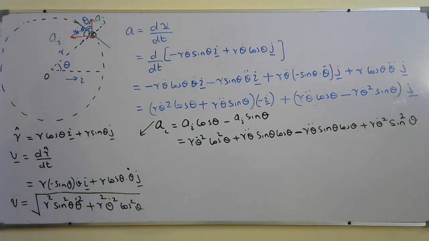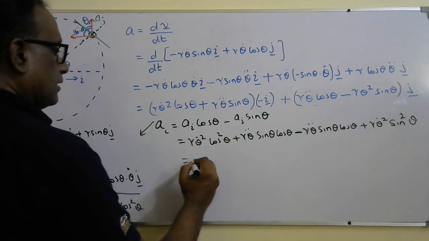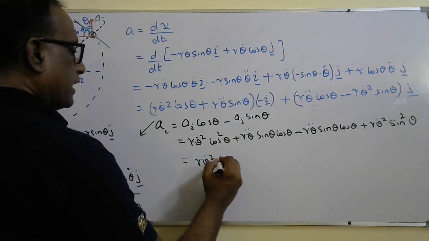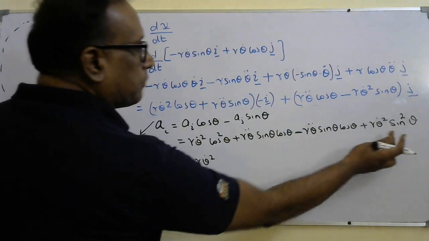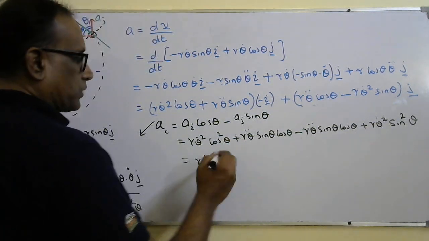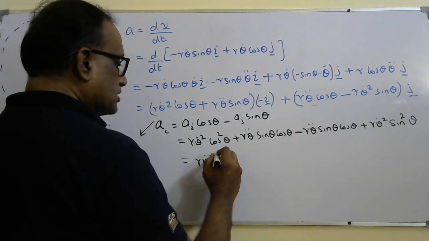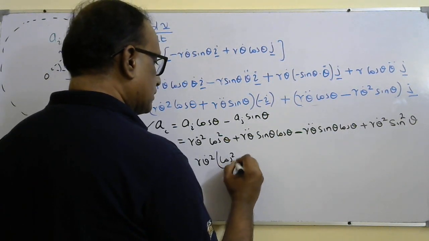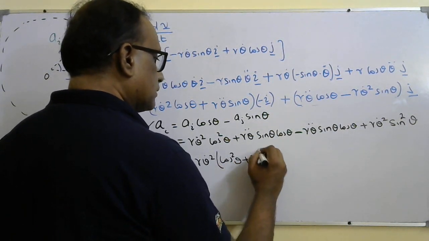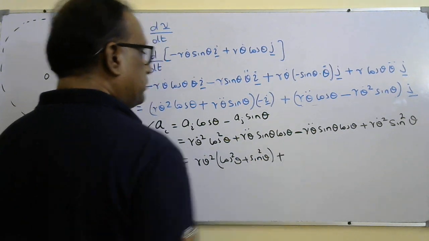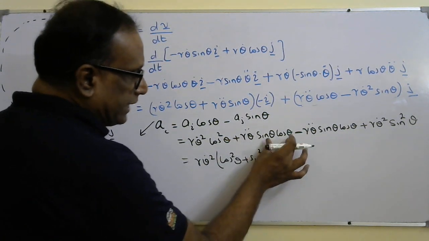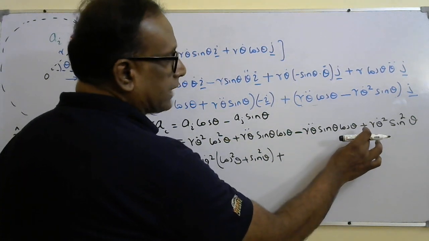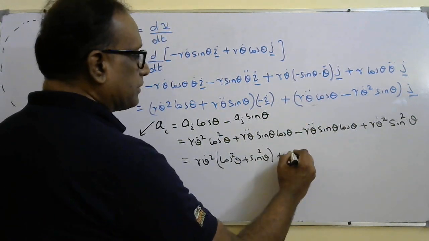Okay, so here you can see r theta dot squared cos square theta plus r theta dot squared sine square theta. So I can say r theta dot squared times cos square theta plus sine square theta, plus r theta double dot sine theta cos theta minus r theta double dot sine theta cos theta, but they will get cancelled, so that will be 0.